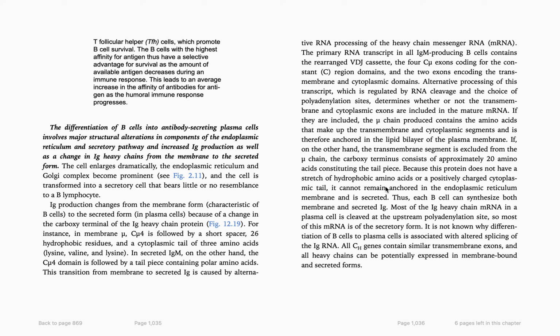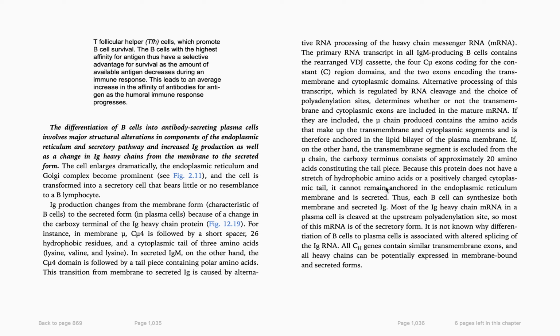This transition from membrane to secretory Ig is caused by alternative RNA processing of heavy chain messenger RNA. The primary RNA transcript in all IgM producing B cells contains the rearranged VDJ cassette, the 4 C mu exons coding for the constant region domains and 2 exons encoding the transmembrane and cytoplasmic domains.